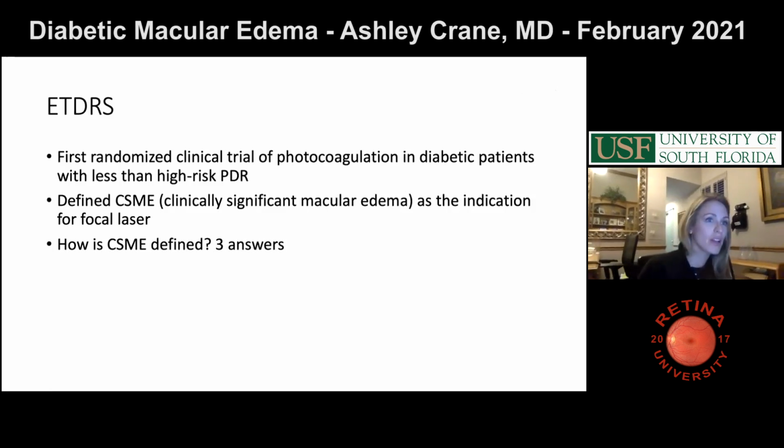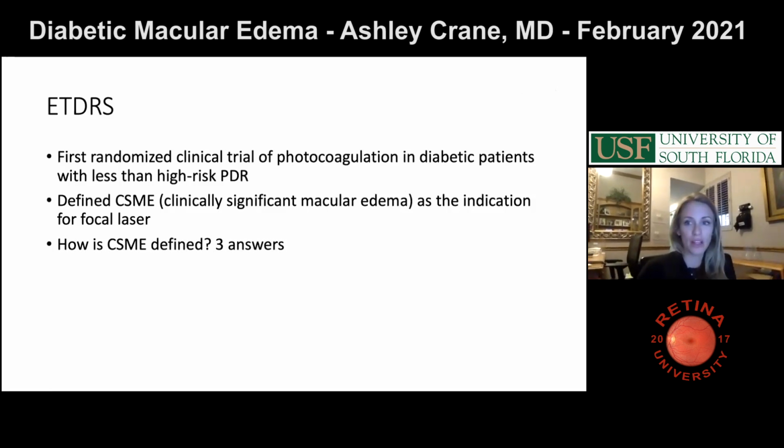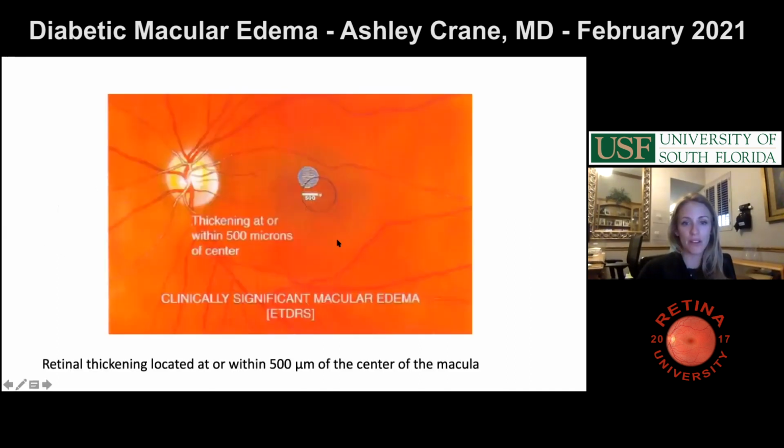I got retinal thickening, I think it's 500 microns near the macula. And then the same for hard exudates, associated with thickening. And there's one more. I think it's maybe 1,000 microns out, or there's edema associated with exudates.